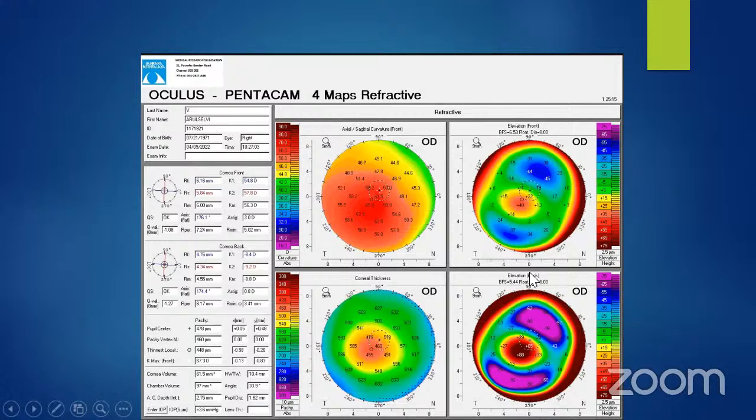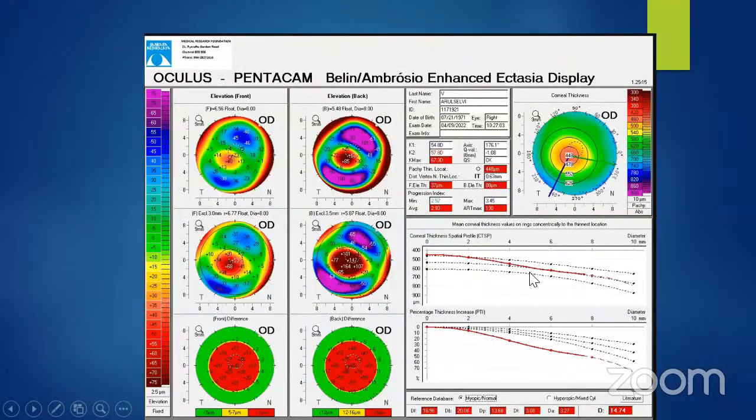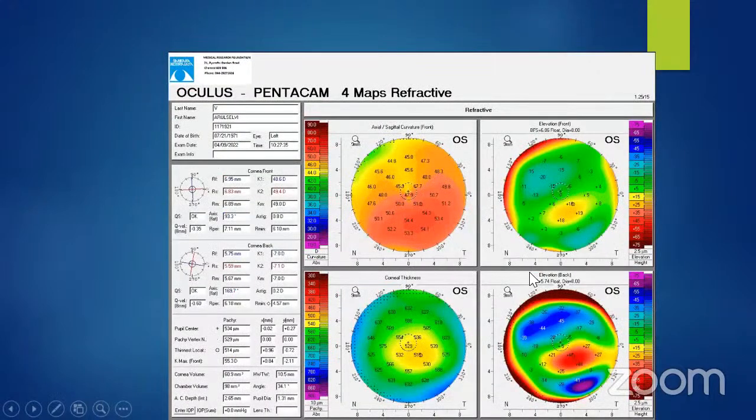Should we do something about it? This is OD. This is the same patient. Everything abnormal, right? Yes, ma'am. OS also. So OD more than OS, keratoconus.